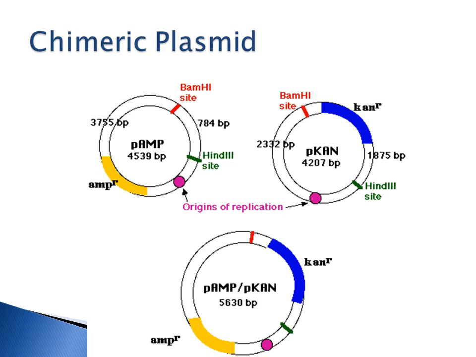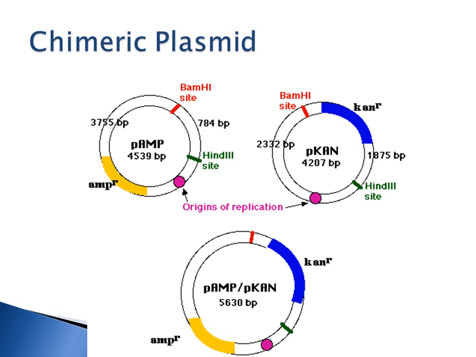How you would do this is you would take your plasmid with your ampicillin resistance gene. Now if you look at this plasmid, the entire plasmid is 4,539 base pairs in length. There's a BamHI site and a HindIII site on this plasmid.